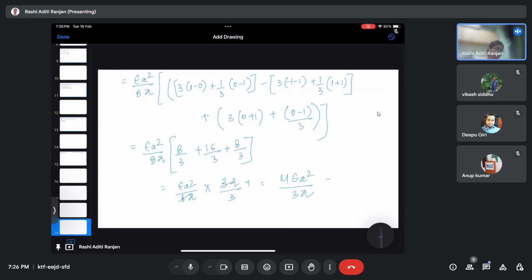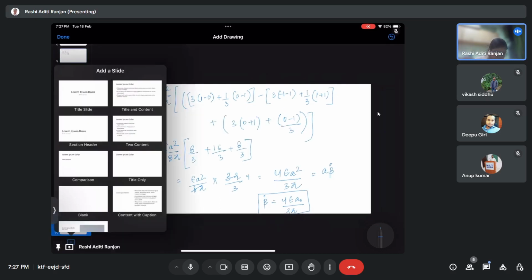So this is going to be my result. Now since A is nothing but A naught, which is a constant, so I can write beta naught as 4 epsilon A naught by 3 pi, right?